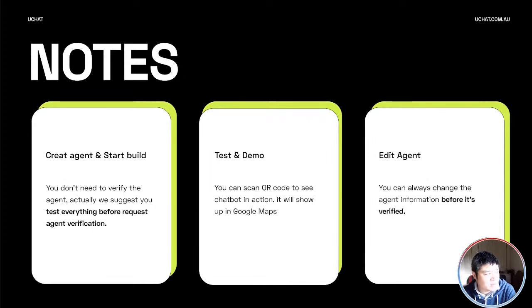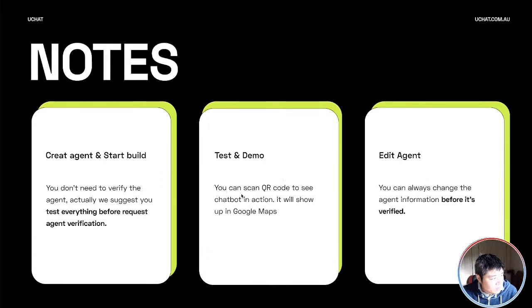We do not suggest you verify the agent first. After you create the agent, you can build the chatbot already. You can test, you can build, but do not verify your agent until after you test everything.